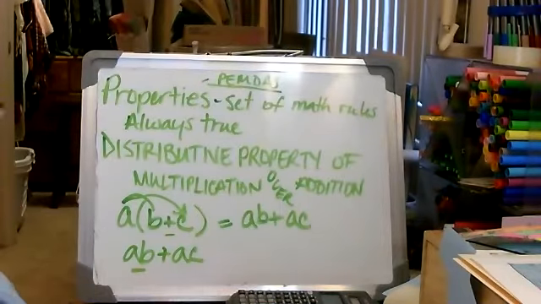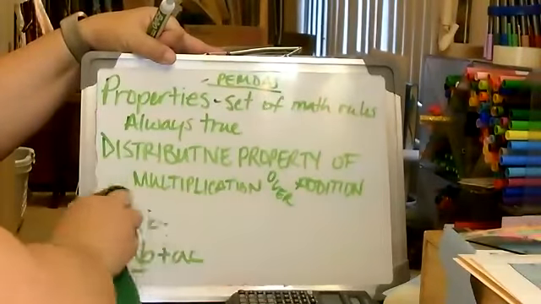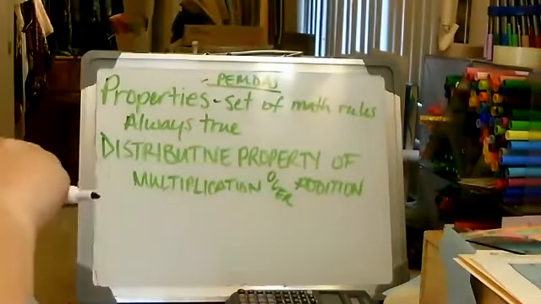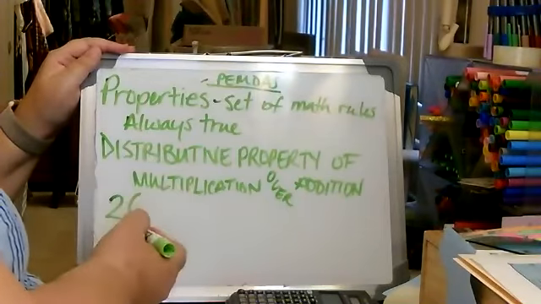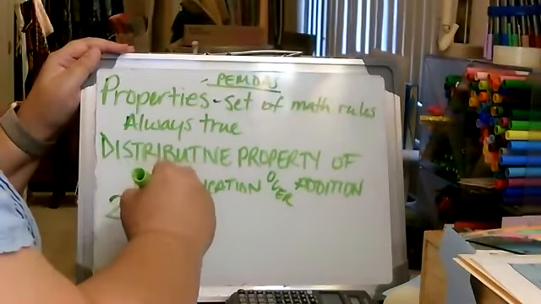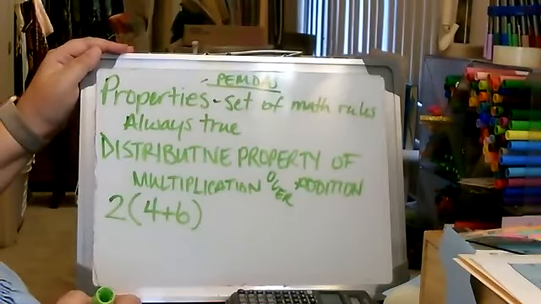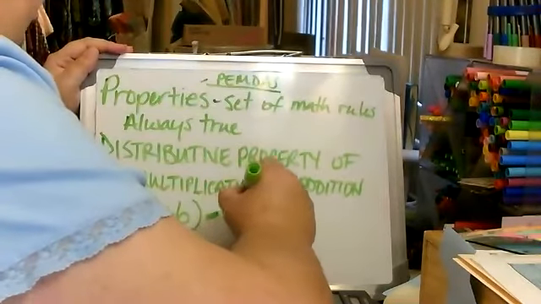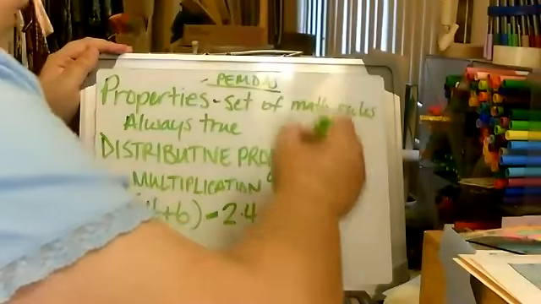So, as a numerical example, we're going to say 2 times, because again, what's directly in front of the parentheses is automatically multiplied, 4 plus 6, close parentheses. And that's going to be equal to 2 times 4 plus 2 times 6.